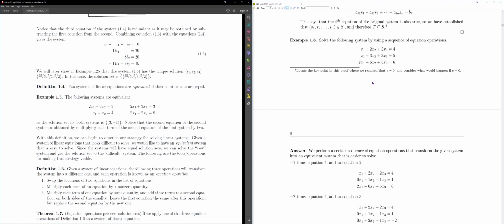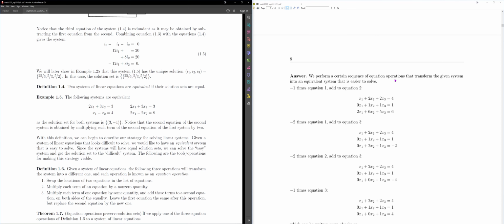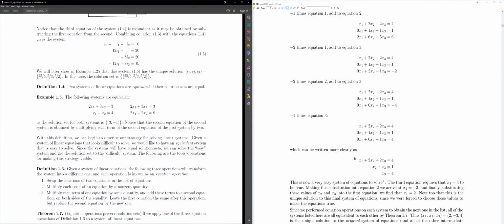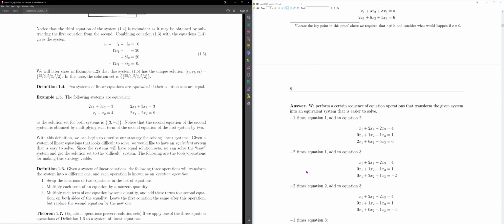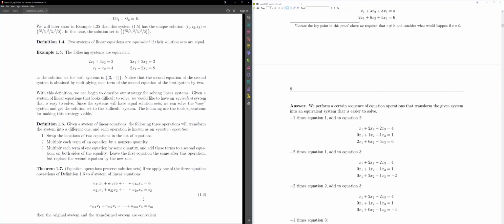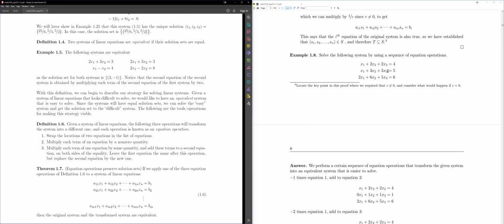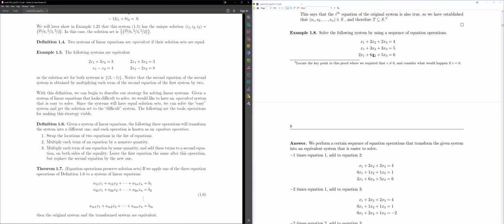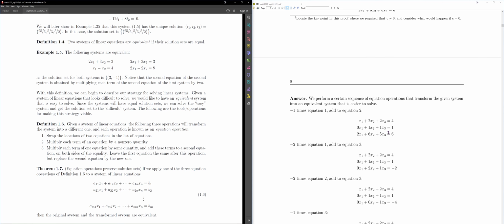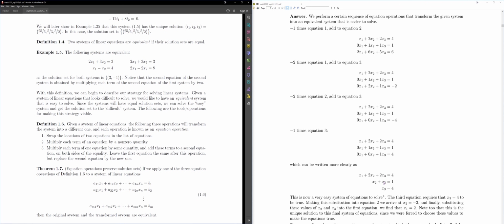For a next example, consider this system that we did in a previous lecture and just talked about. We do some equation operations to this system and we get this system. The point about equation operations is that they don't change the solution set, as we showed in a previous lecture. So when I go from here to here, the solution is the same, and so on until I come down to here.